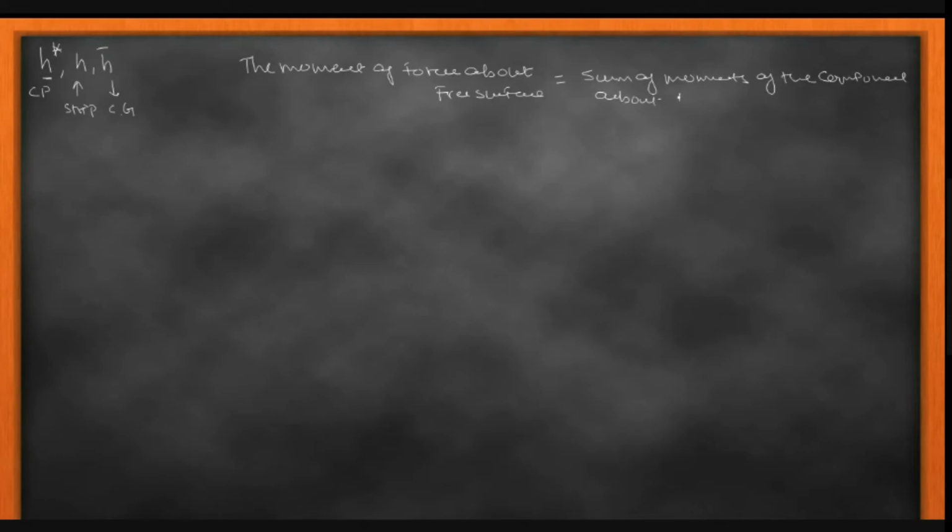So the moment of forces about the reference axis, or let's call it the free surface, equals the sum of moments of all components about the same axis. So let's not write the axis, we write it as the free surface.